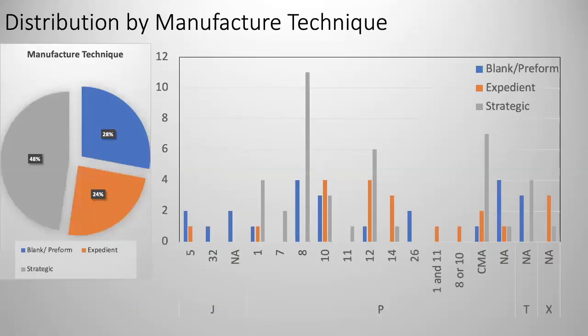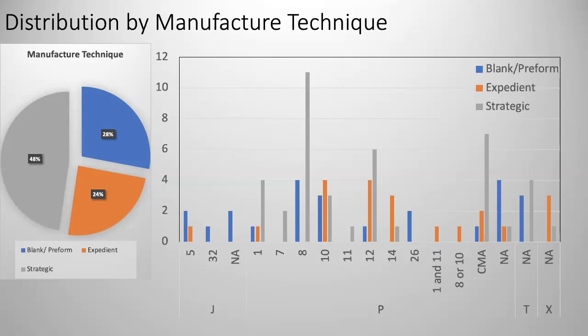So I decided to take another look and see if anything popped out by looking at the manufacturing technique. As we talked about in part 1, there are essentially 2 techniques used to manufacture the spatulate tools.